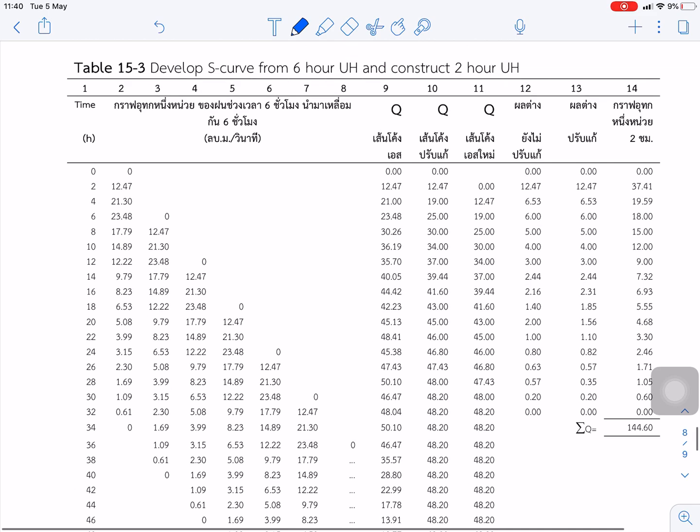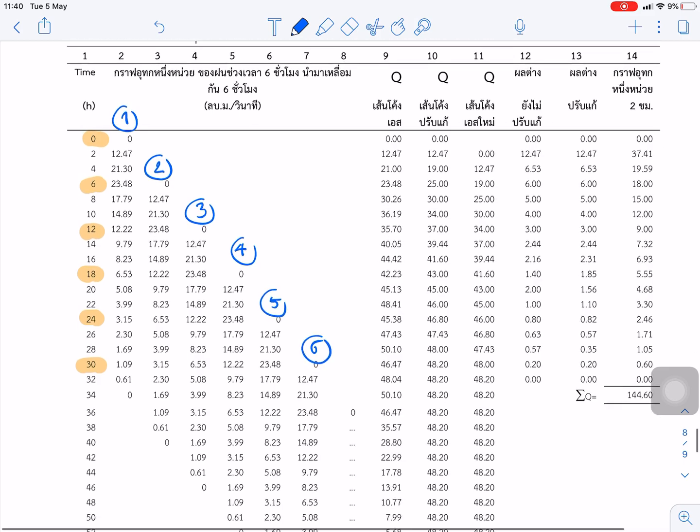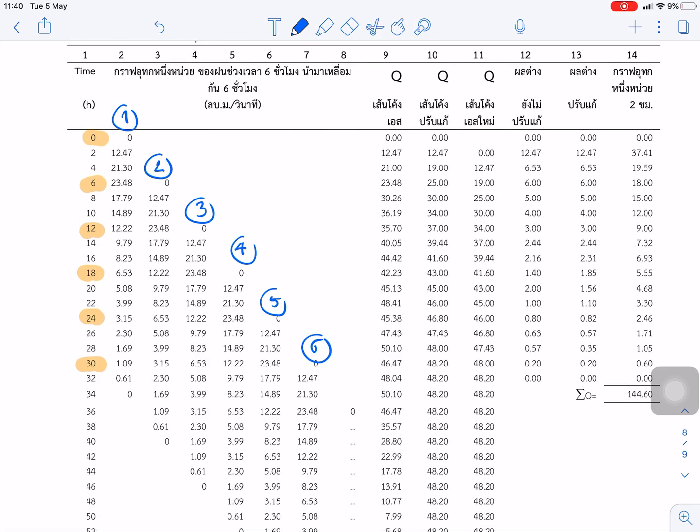We put the 6 sets of unit graphs in the table. This is the first set, and each overlap is 6 hours: 6, 12, 18, 24, 30. Six sets of the unit graph.